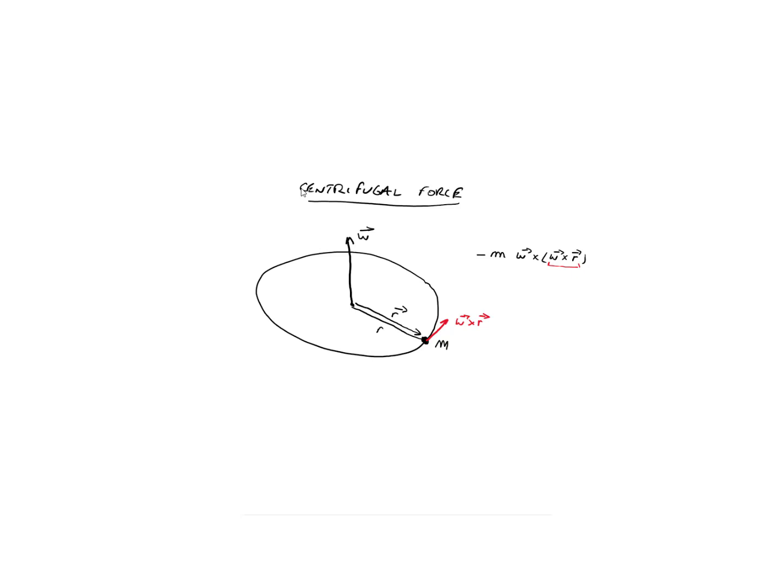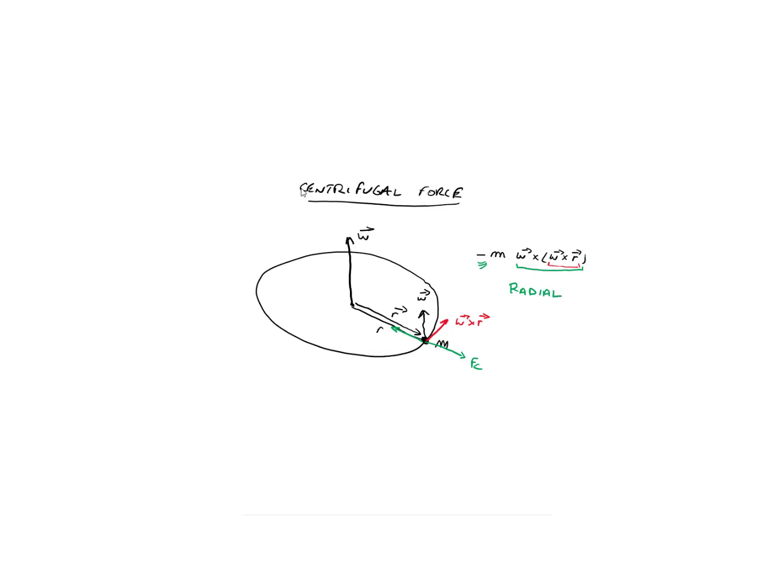And now if you make the triple cross product, you will have your vector sticking out over here. This will be omega. The triple cross product will be pointing inwards, but of course you have the minus sign over here, so the centrifugal force Fc will be pointing outwards.